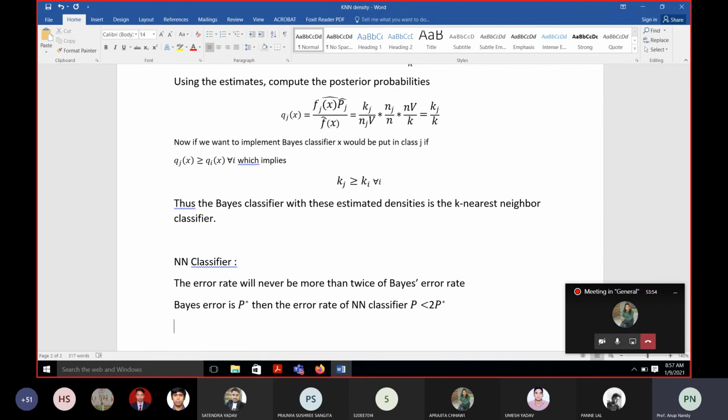So what is the meaning of asymptotically?